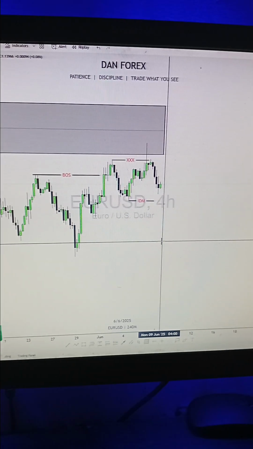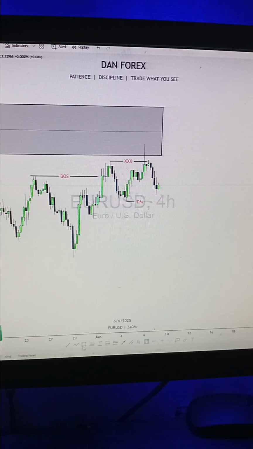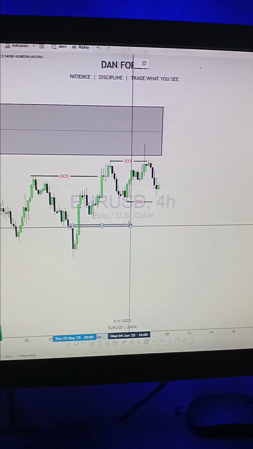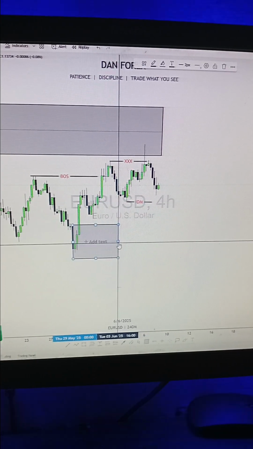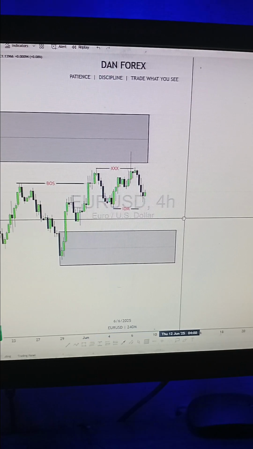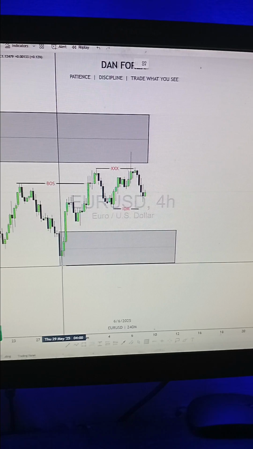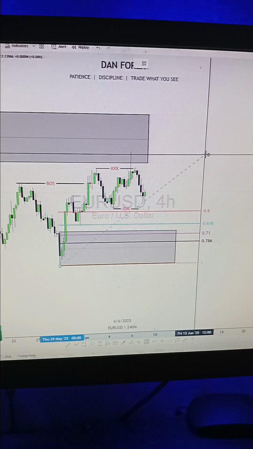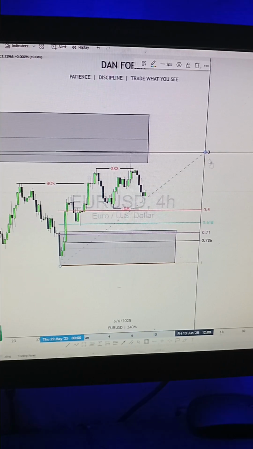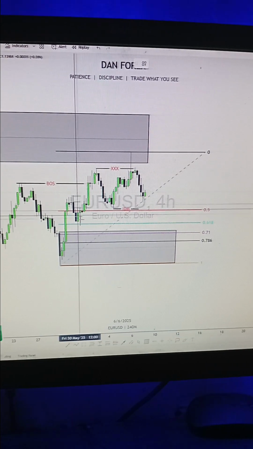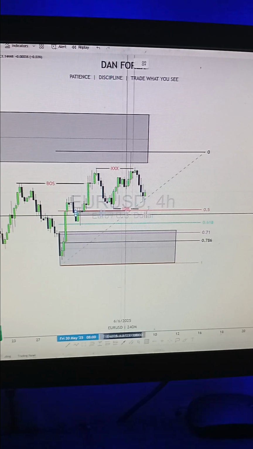So I'm expecting to pick some buys from this area, right? So if we use our fib tool, the 50% is around that area, and we have this candle here.